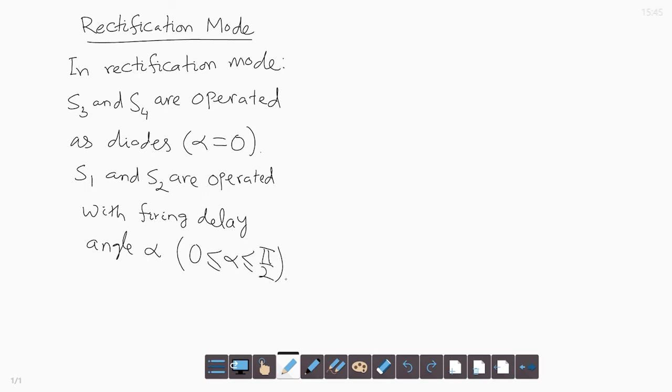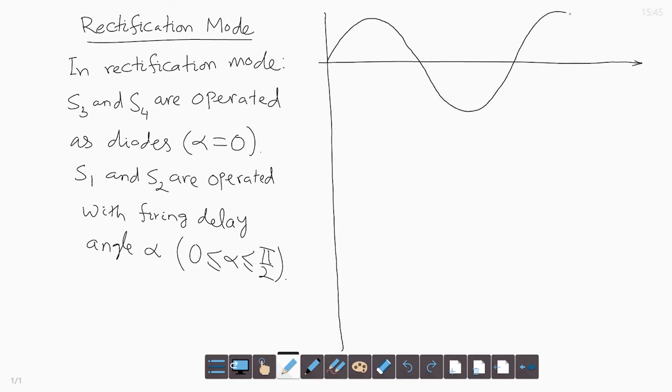So we will draw the waveforms. This is the supply voltage Vs. This is alpha, pi plus alpha, 2 pi plus alpha.